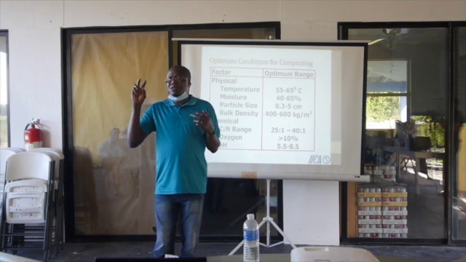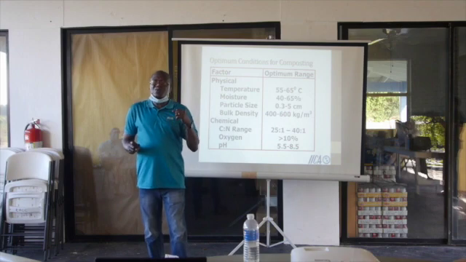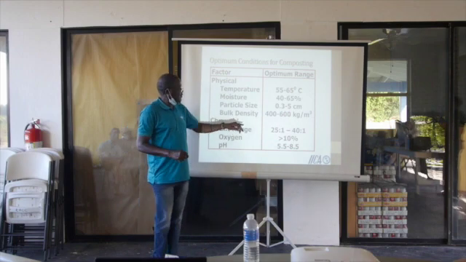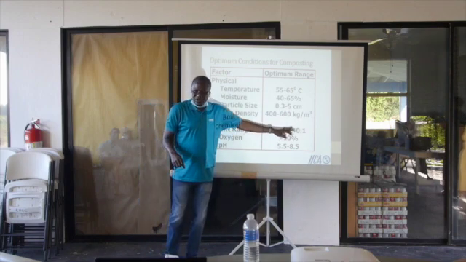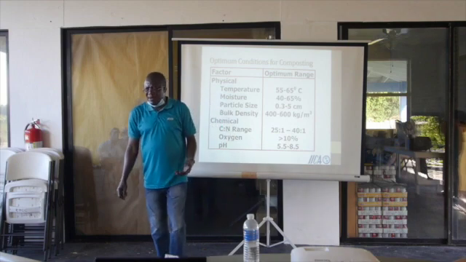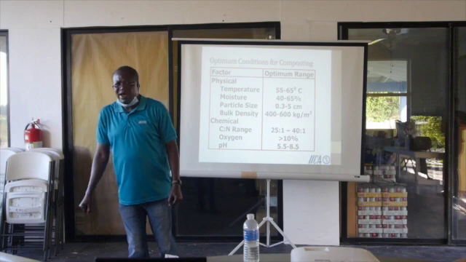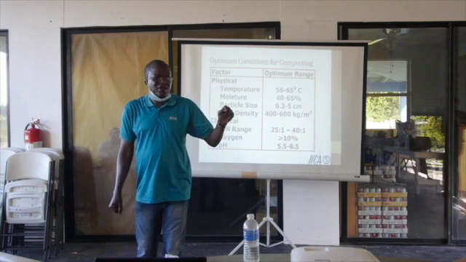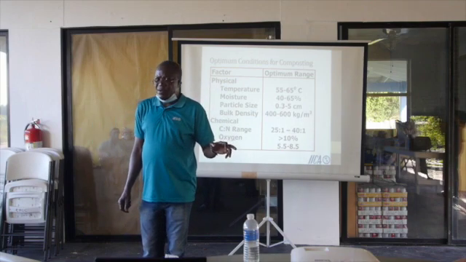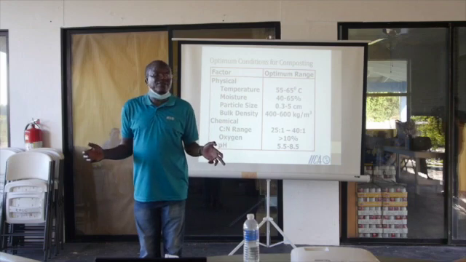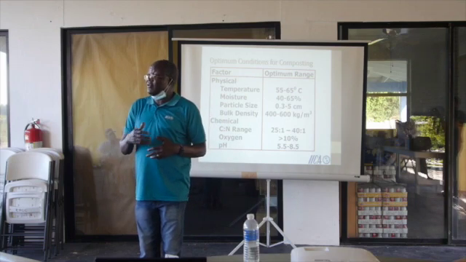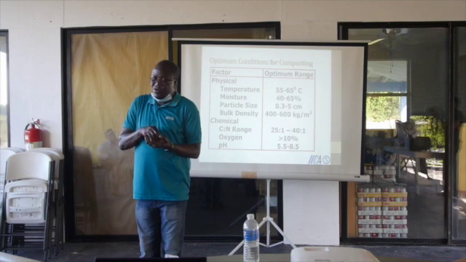The total amount of carbon compared to the total amount of nitrogen should be in the range of 25 to 1 to 30, 40 to 1. That doesn't mean that you take 25 types of wood chips and add it to one type of grain material. That's not what it's saying, because both of them have a lot of carbon in them, so you are increasing the carbon at the same time. But the total amount of nitrogen.